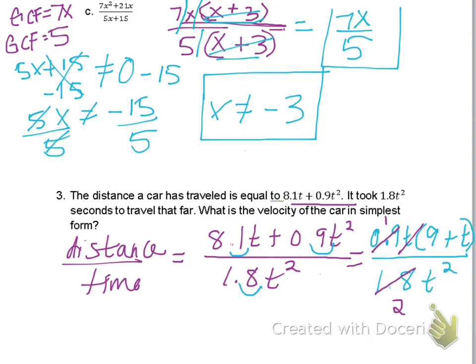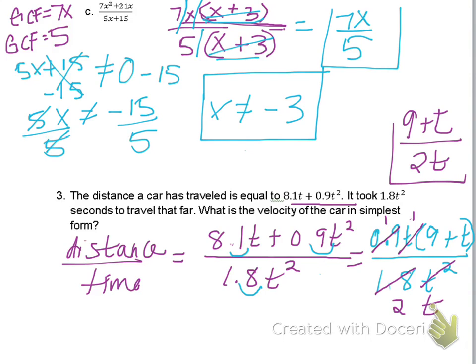And then t goes into t once. t goes into t squared would cancel out to be t. On the top, I'm out of room, so I'm going to write up here above it, I have 9 plus t, and on the bottom I have 2t.